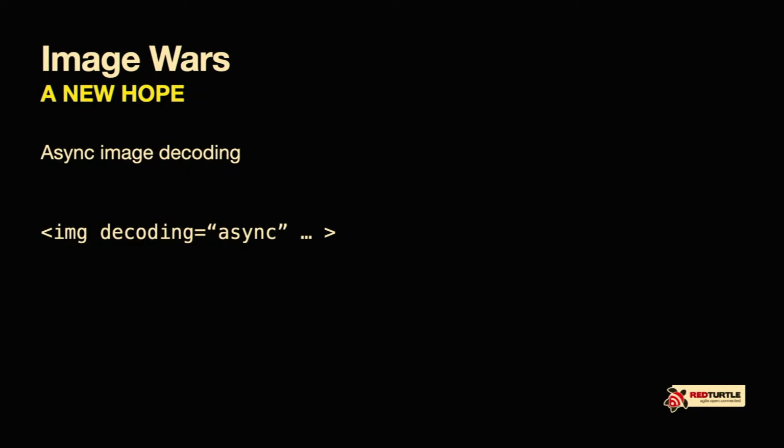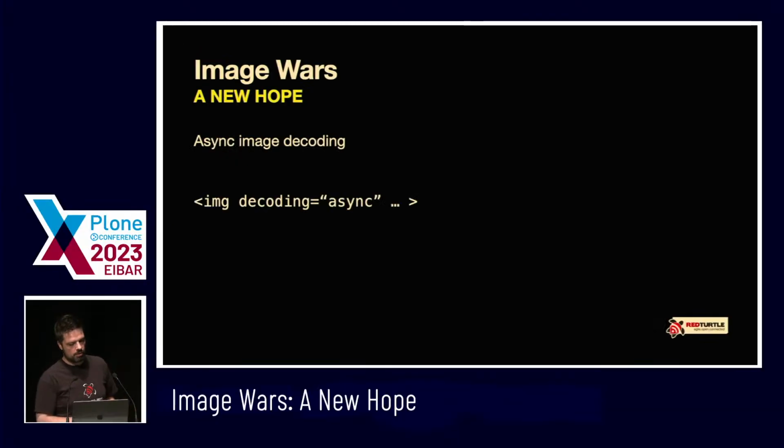Work on the rendering of the HTML and stuff, and then process the images that you downloaded. And of course, you might have thought already, so do I do that together with lazy loading? The answer is yes.